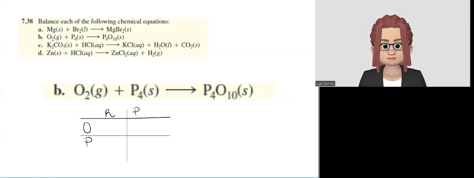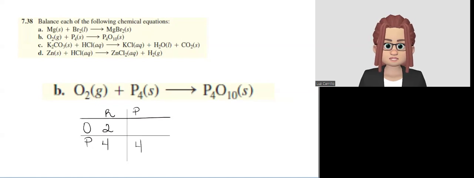I can observe that when it comes to oxygen, I have 2 atoms in the reactant, and 4 atoms of phosphorus in the reactant. When I examine the product, I have 4 atoms of phosphorus in the product, and I have 10 atoms of oxygen in the product.